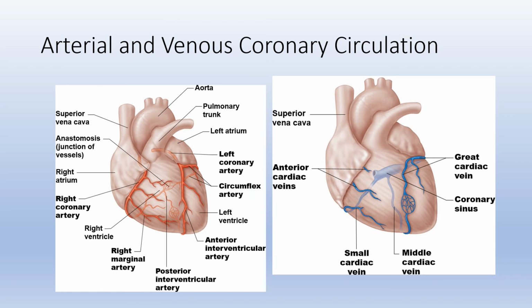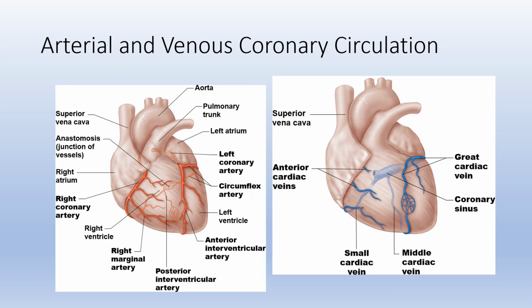The image seen on the right now is the venous circulation. Once we drop off that oxygen and nutrients, we pick up oxygen-poor blood and metabolic wastes using veins. The great cardiac vein lies next to the anterior interventricular artery.